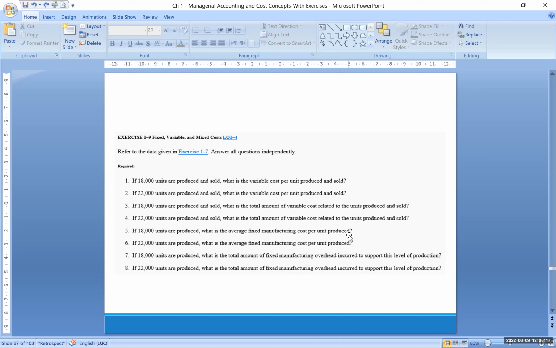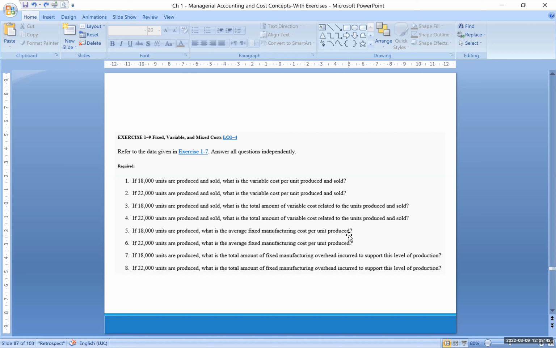So number 5, and I prefer to read number 5 and 6 together, let's say. Number 5, if 18,000 units are produced, what is the average fixed manufacturing cost per unit produced? Number 6, if 22,000 units are produced, what is the average fixed manufacturing cost per one unit?